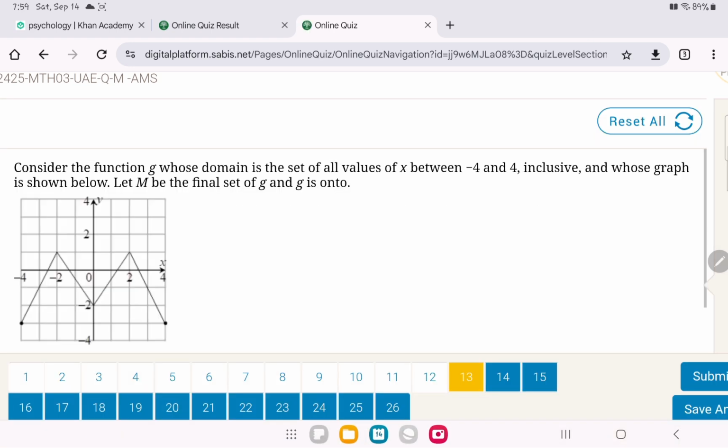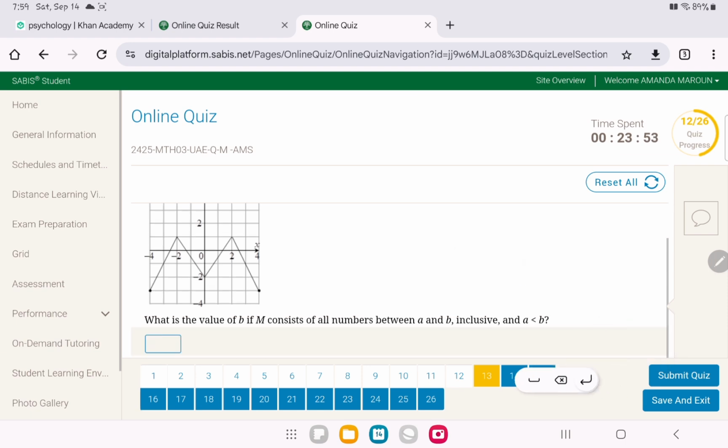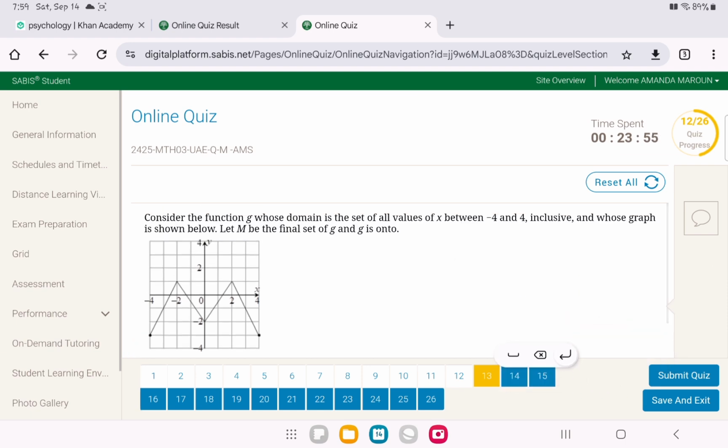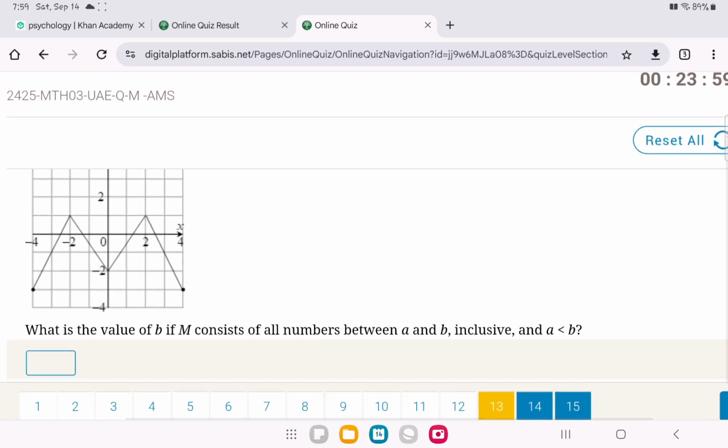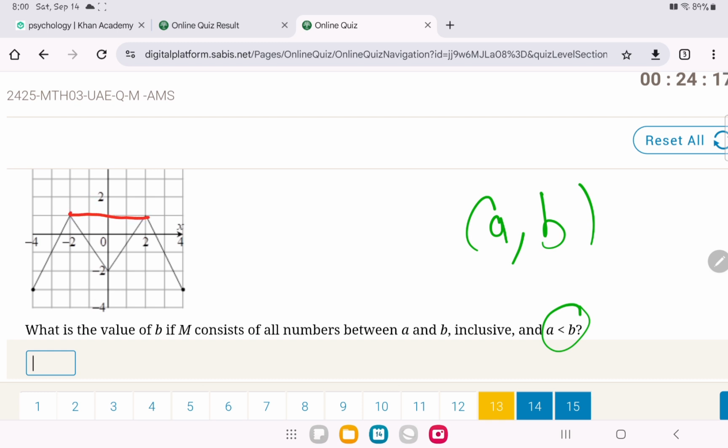Question number 13. This one is not coming in our exam because we didn't learn it, but my teacher explained it. Basically, you see here, they're telling us A is less than B. And so we need to take a point where A is less than B. He said always take the highest point. Okay?